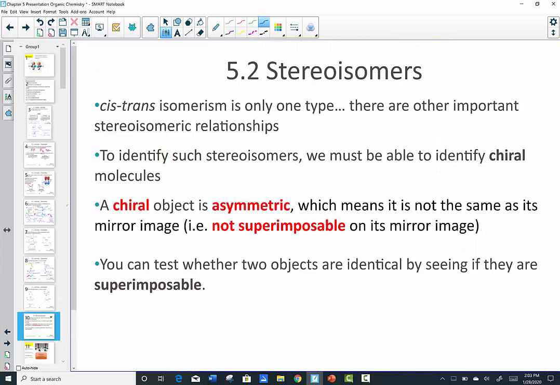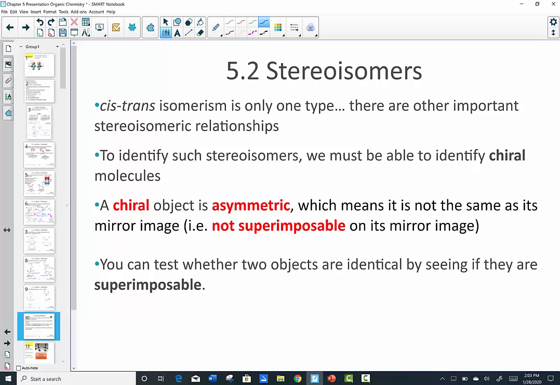These cis-trans isomers are only one type of isomer. There are other important stereochemical, stereoisomeric relationships. And to identify such stereoisomers, we begin to describe the term chiral, a chiral molecule.